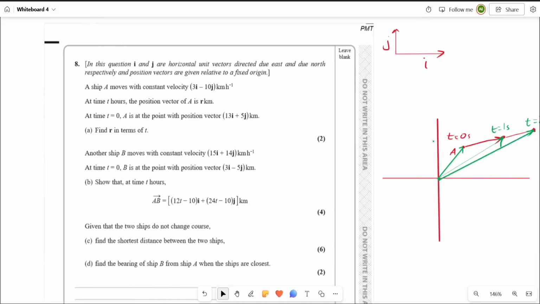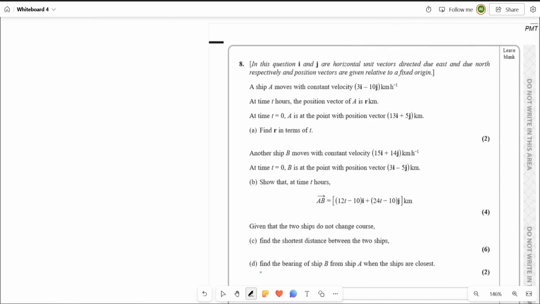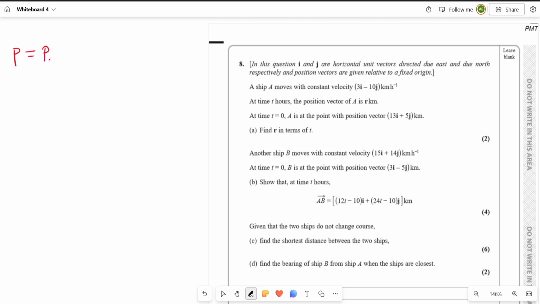So I'm going to give you the general way to write a position vector of anything, or the formula for position vector. Let's say position vector P is going to equal P0, which is the position vector at t equals 0, or the initial position vector, plus the velocity of my object multiplied by the time.